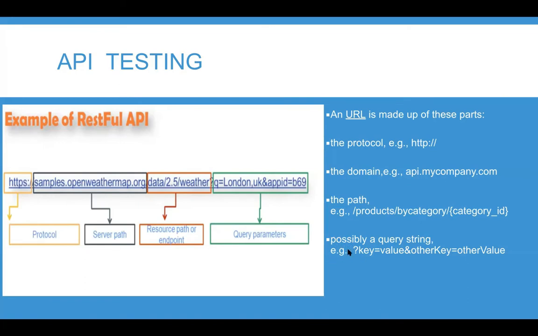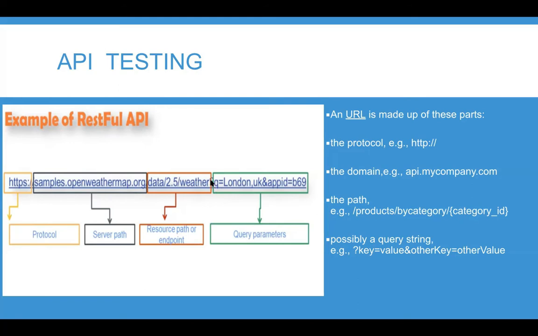And then if you want to look for particular things, you want to query. So that's why it's a query string. You want to ask for a particular thing. You say, okay, get me something which has this value. So in this particular instance, they say, okay, get me London. Let's say it gets me the weather in London.